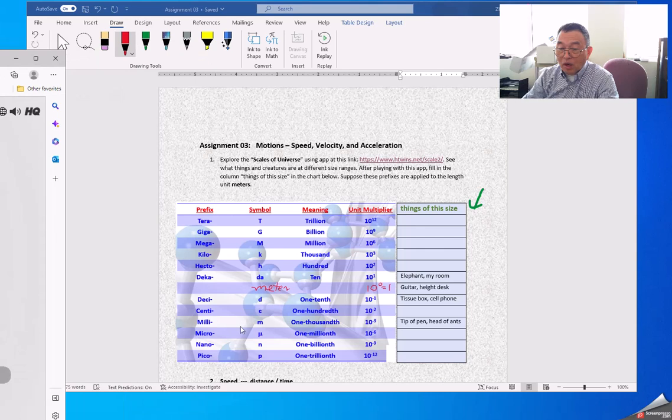I challenge you to find in which bracket the coronavirus belongs. I think you get an idea what I want you to do.